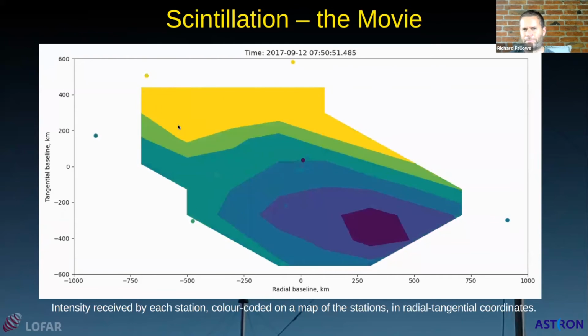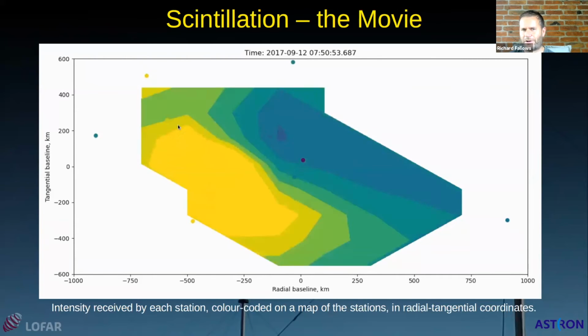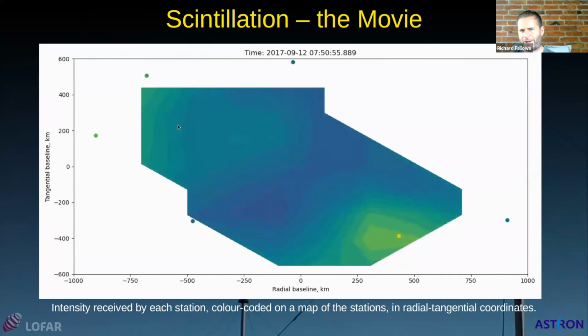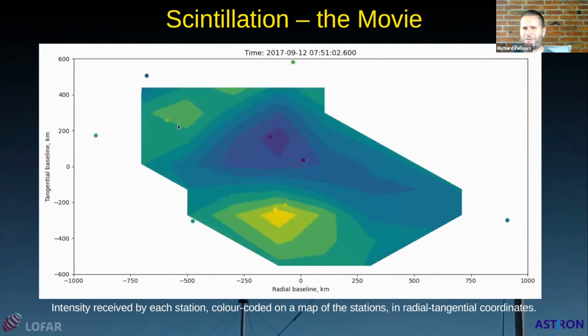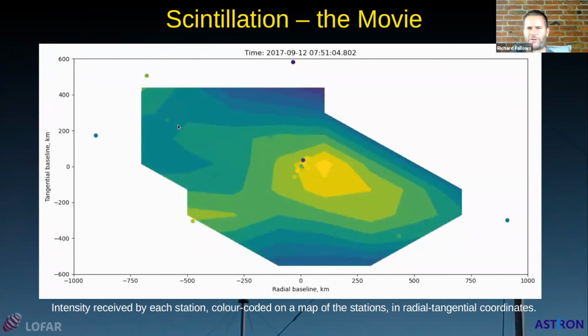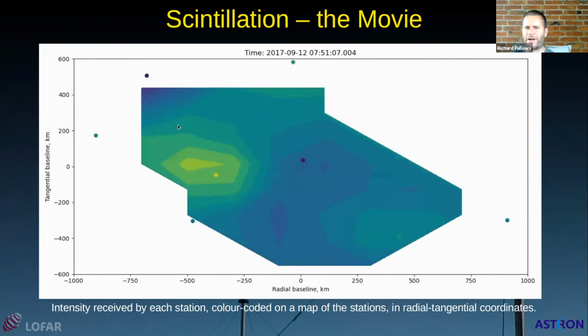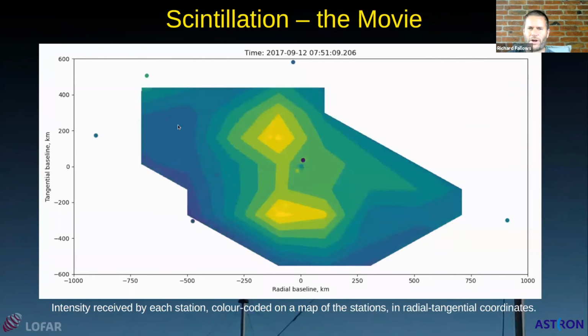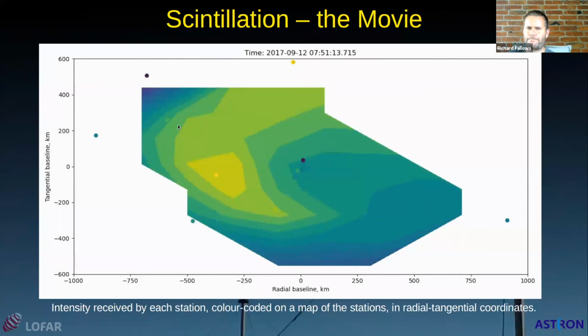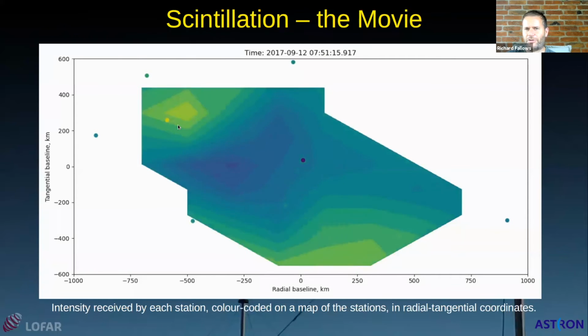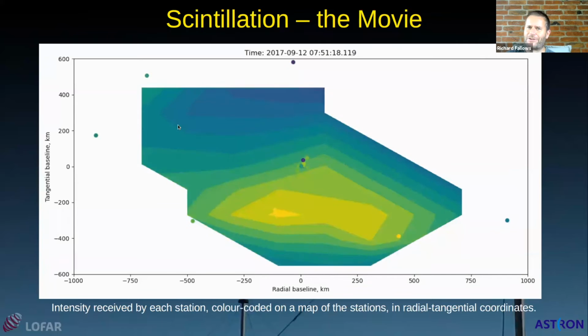It's fairly sparsely sampled, certainly, but it's pretty blobby structure, as we might expect. With these blobs moving around and squishing and squashing in slightly different directions, but all broadly moving in the radial direction away from the sun, as we expect. And I just show this because it's a pretty picture, and that is it.